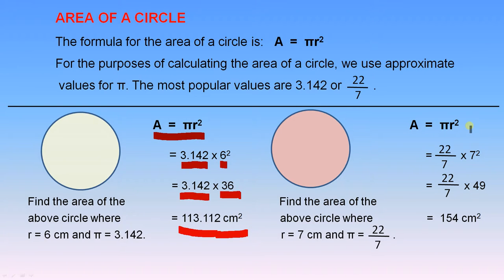Here's another example. Find the area of the above circle where r equals 7 and pi equals 22/7. Again, area equals pi r squared. So the area equals 22/7 times 7 squared, which is 22/7 times 49, because 7 squared is 49. And if you work that out, the answer is 154 square centimeters.